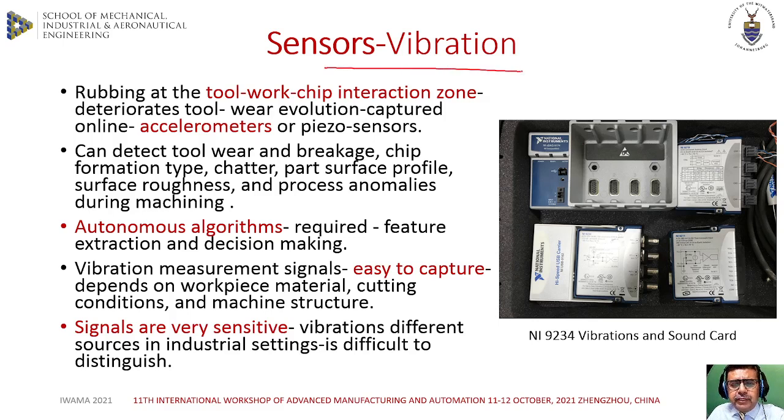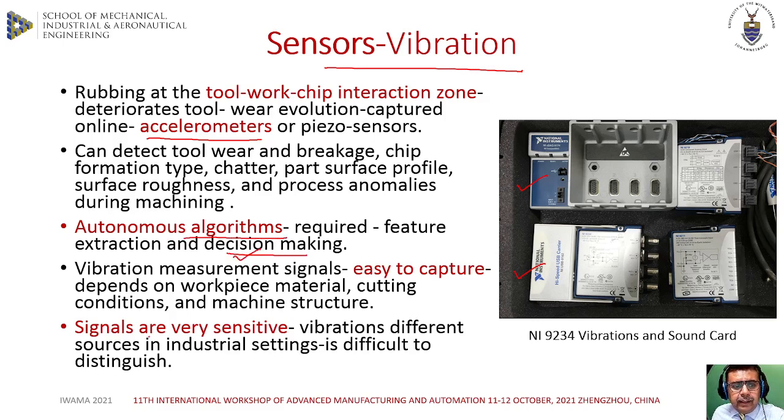Vibrations are also studied quite extensively. There are different sensors that can be used, accelerometers, along with data acquisition systems, and the information can be obtained in the computer. Then we have dedicated algorithms for extracting the features and making decisions.